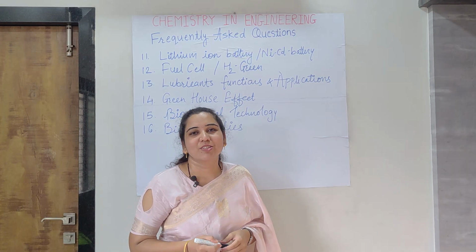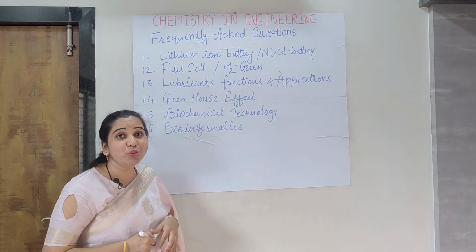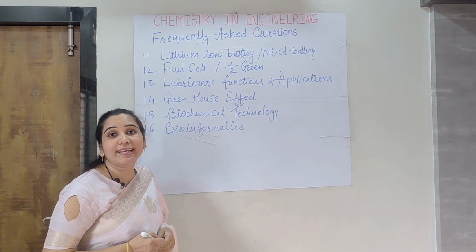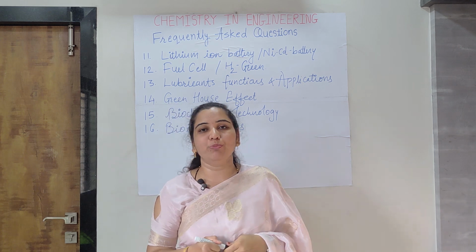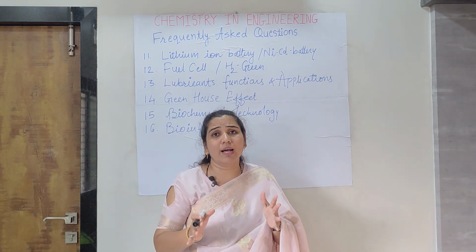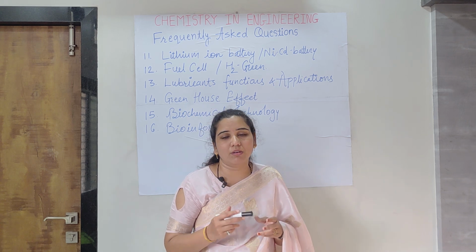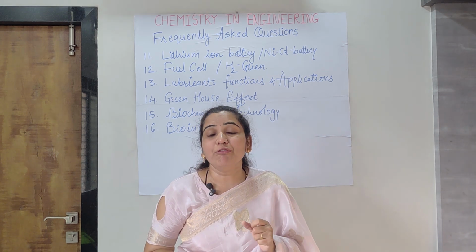So the next units include lithium ion batteries and nickel cadmium batteries, which are very important points. There are only 2 points, batteries and lubricants, in the second last unit, that is, the fifth unit.